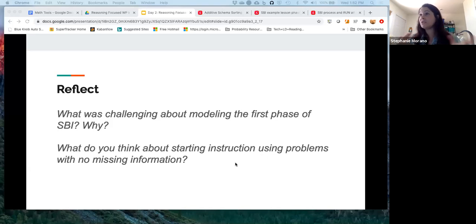They see a problem, they just want to solve and move on to the next thing. So by giving them all of the information, we're taking away that impulse to just race through, because that's not the point. The point is to talk through the problem, figure out what kind of problem it is, and set up our graphic organizer. That's the work. The work isn't just solving right away.